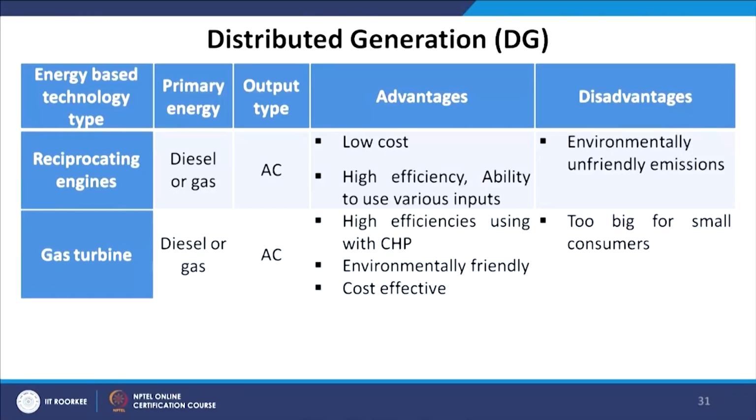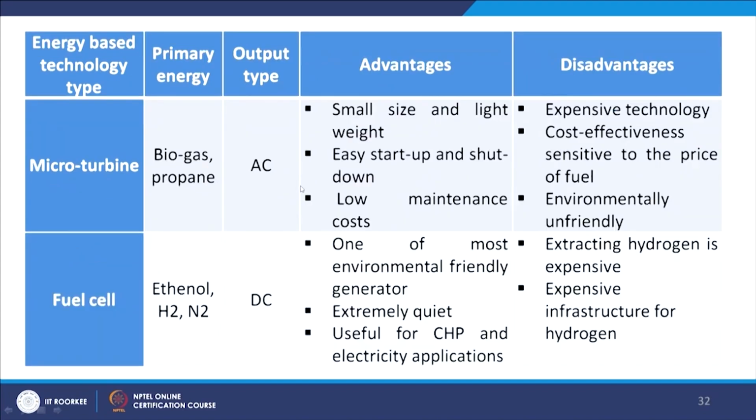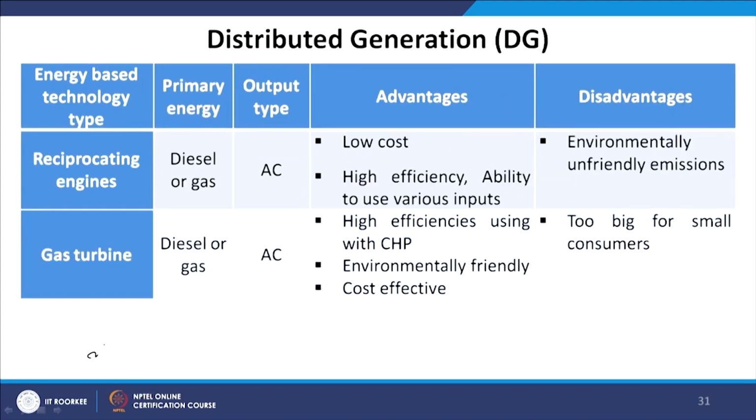For example, the first one is reciprocating engines, with diesel or gas as the primary energy, and the output is of AC type. The major merits of the reciprocating engine are low cost, high efficiency, and ability to use various inputs, but the main disadvantage is that it is environmentally unfriendly because of emissions.